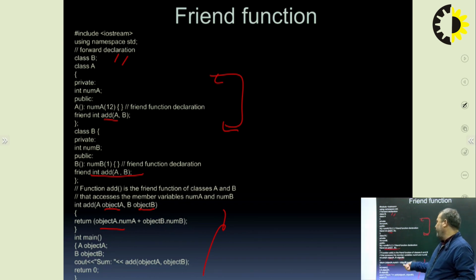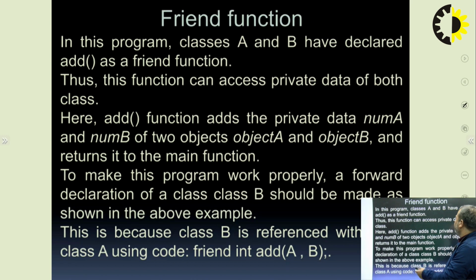And we would have created in main the object A of class A and object B of class B. So this is the use of a friend function. We can make a function a friend to two or more classes.